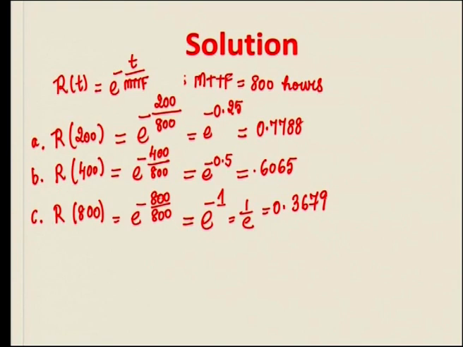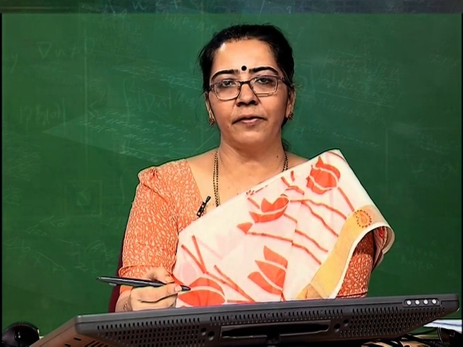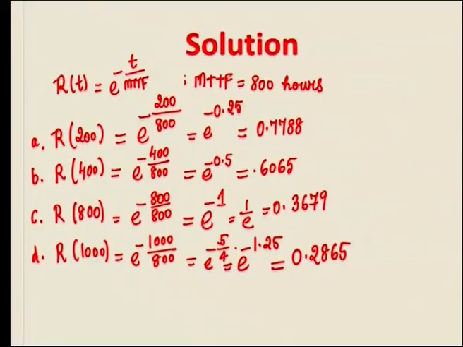So, you see that as we ask for the time as 200 hours, 400 hours, 800 hours, 1000 hours, we have increased the time, and the reliability function value, the probability of survival of the system, is decreasing. We have already observed that the reliability function is a decreasing function, and we have got it here mathematically.